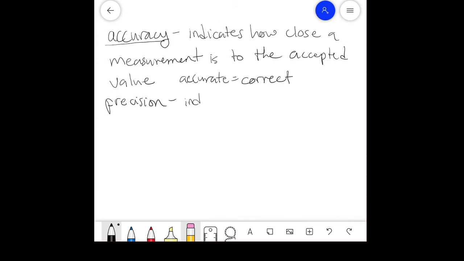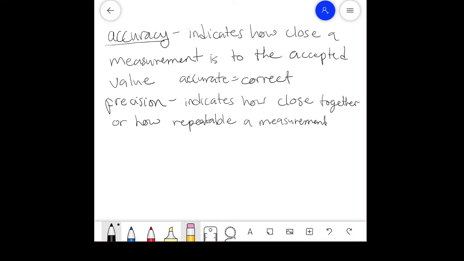Precision indicates how close together or how repeatable the measurement is. Or in other words, the more precise something is, the more consistent.